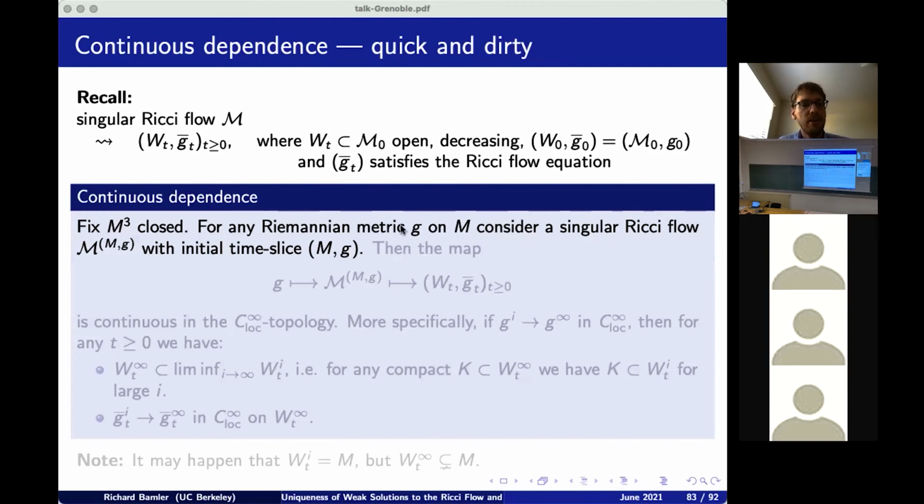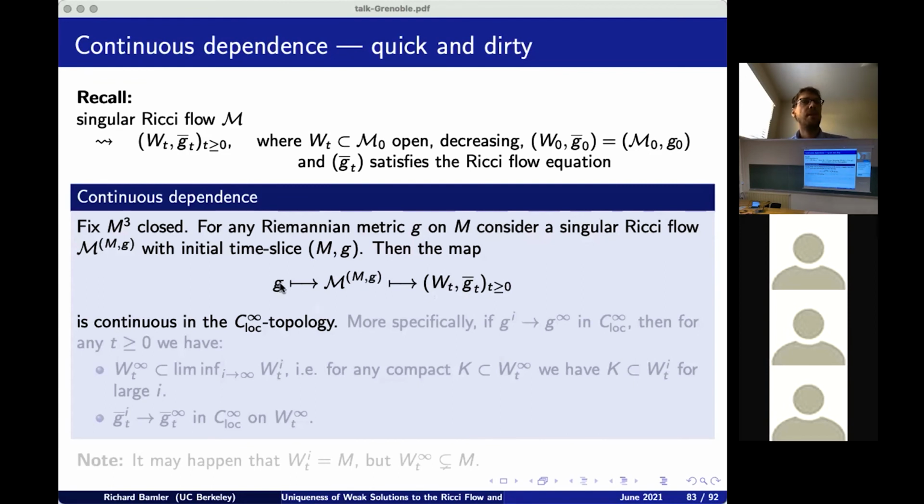So then for any Riemannian metric g, let me consider some singular Ricci flow, M with g, with this as the initial time slice. Okay? And again, this is unique up to isometry. So this will give us a uniquely defined map from g to some singular Ricci flow. Maybe this is not that unique, but then if I extract this information out of this, this is uniquely determined based on g.